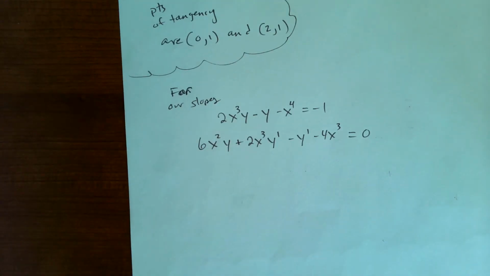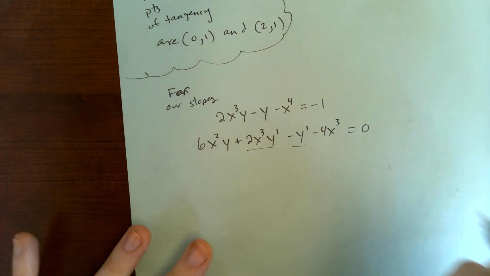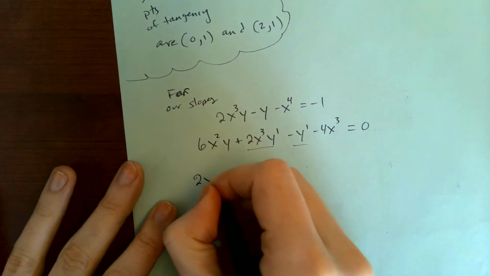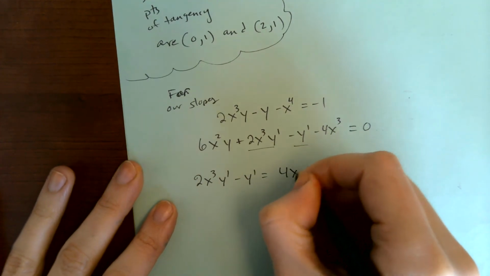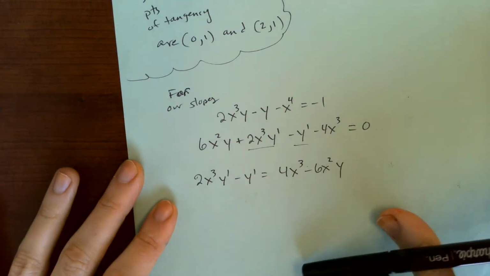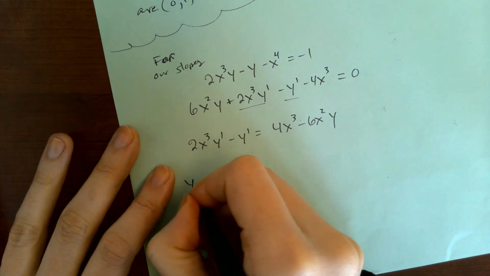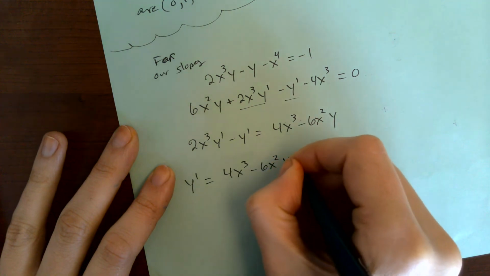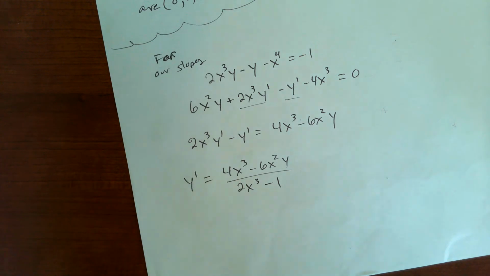Okay, so I did the derivative. Now, let me get my y prime terms by themselves. Okay, and then I'm going to factor out the y prime and divide by what's left. So y prime is 4x cubed minus 1.